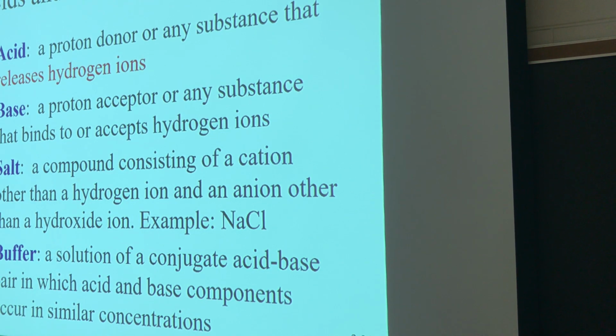A base is anything that can accept a hydrogen. So if we have too much hydrogen in our body, it can react with that hydrogen and reform carbonic acid. In other words, it can act as both. This carbonic acid can act as both an acid and a base.